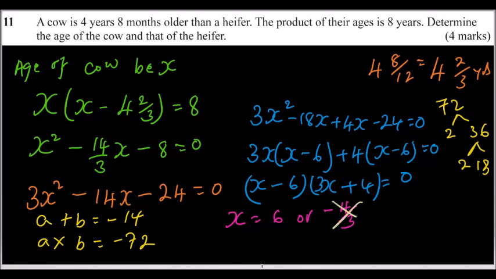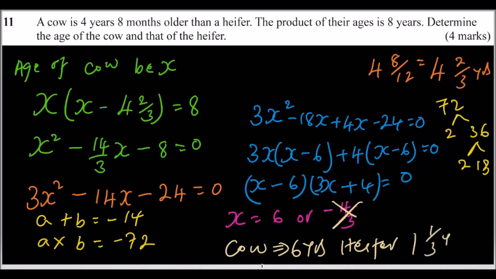And because we had defined the age of the cow to be x, the cow is 6 years, and the heifer, if you subtract 6 minus 4 and 2/3, you'll be able to get 1 1/3 years, which you can also say is 1 year and 4 months, because a third of a year is 4 months. So that is how you work out that question.